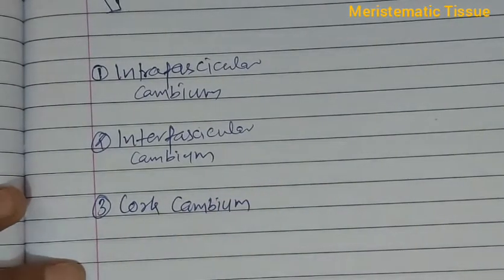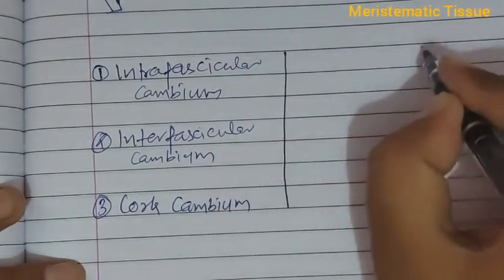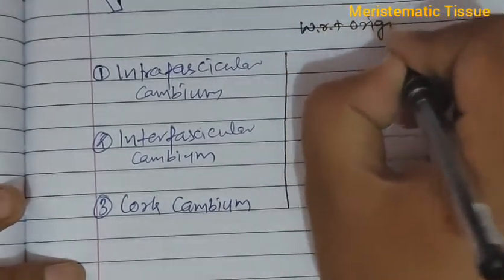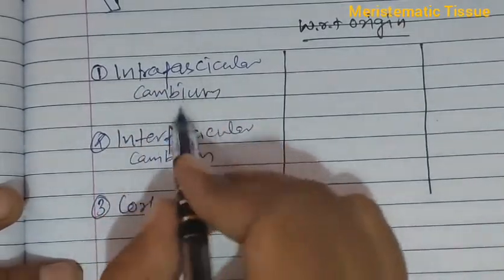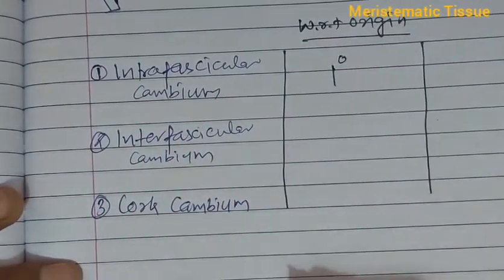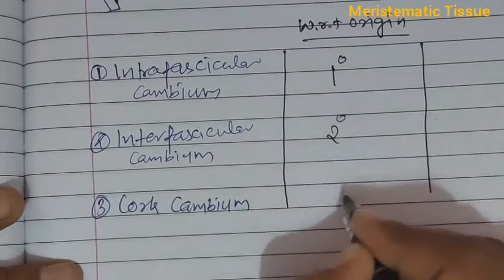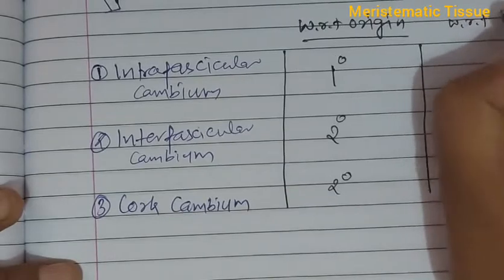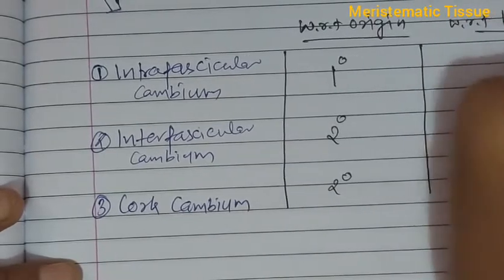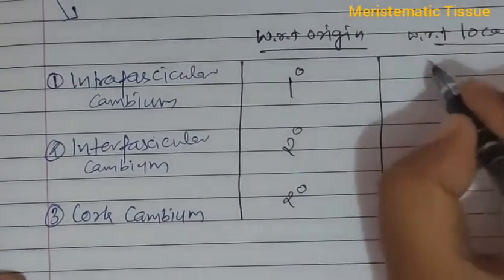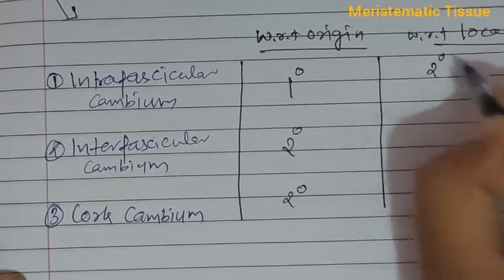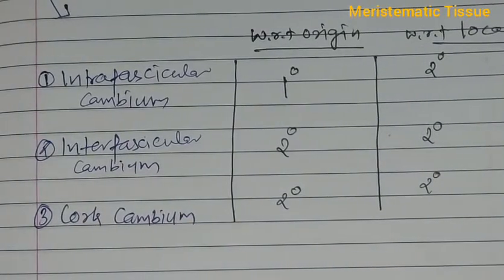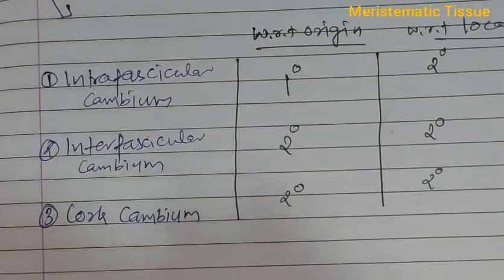Now if we locate them, with respect to origin, intrafascicular cambium is primary in origin, whereas interfascicular cambium and cork cambium are secondary in origin. But with respect to location, all three, intrafascicular, interfascicular and cork cambium, are secondary meristem. We must remember this important part with respect to types of meristem.